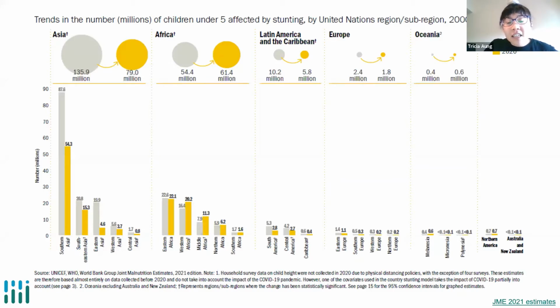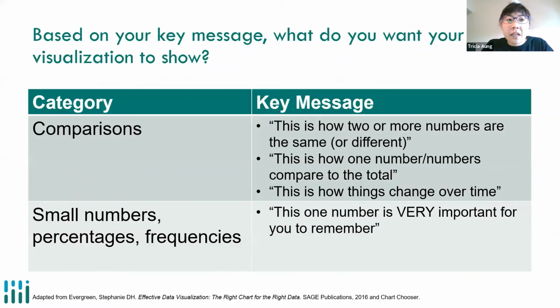And so that's, if you're trying to think of having someone, if your purpose is to communicate one specific message, it's important to think about how you might make a graph to support that key message. In general, there are actually not very many categories of different types of key messages.